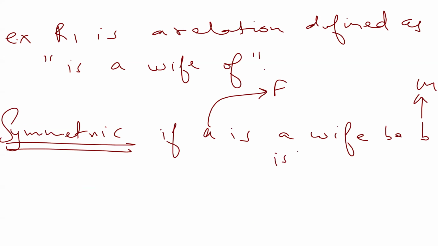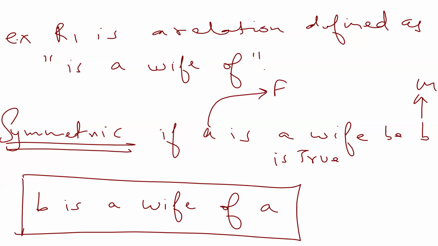If this is true, reverse it: B is a wife of A. Is this true?